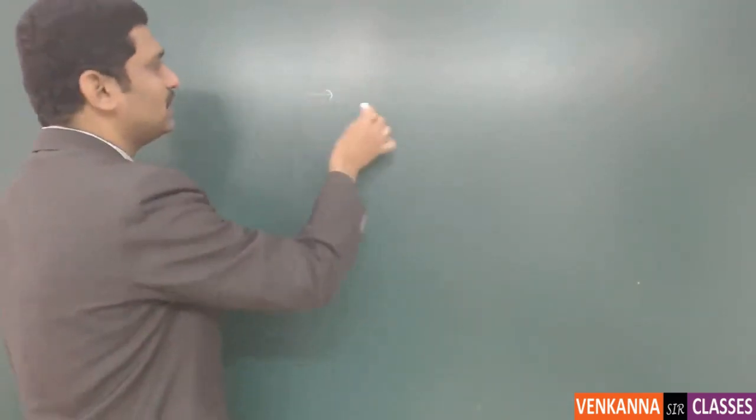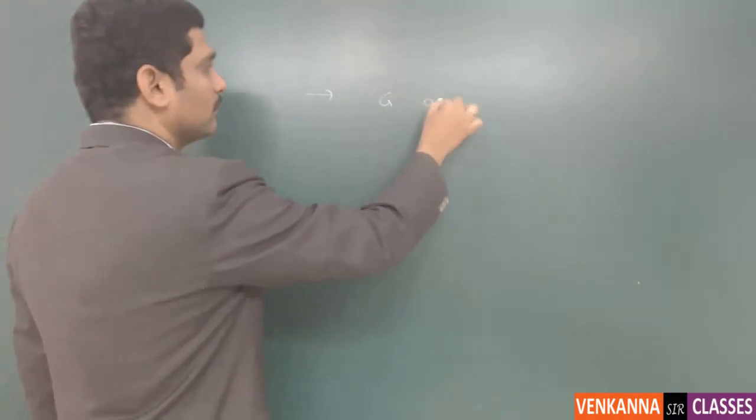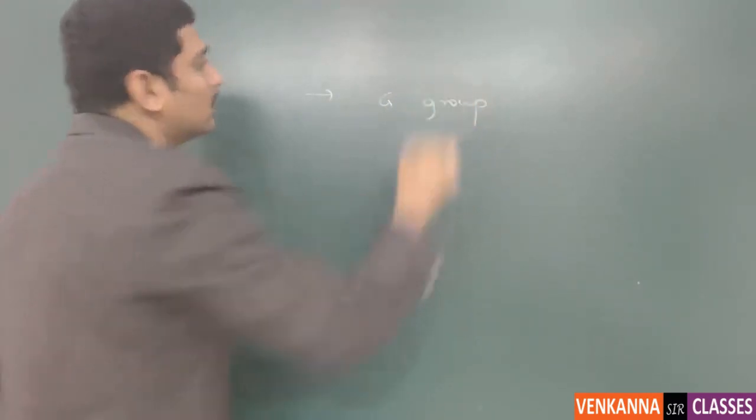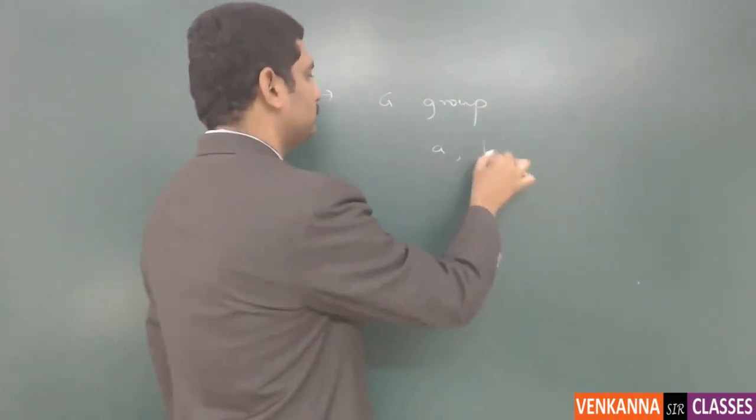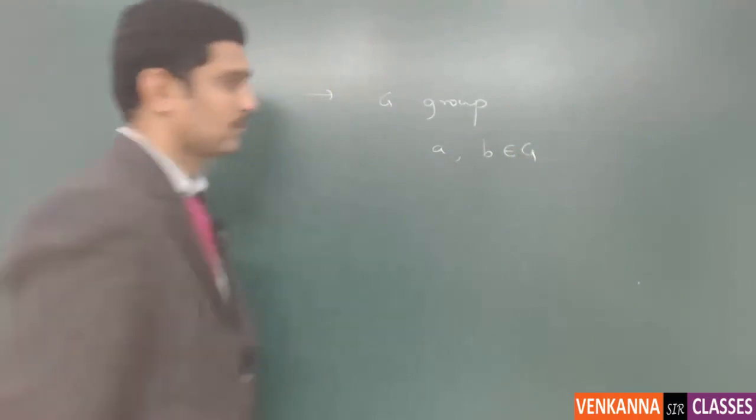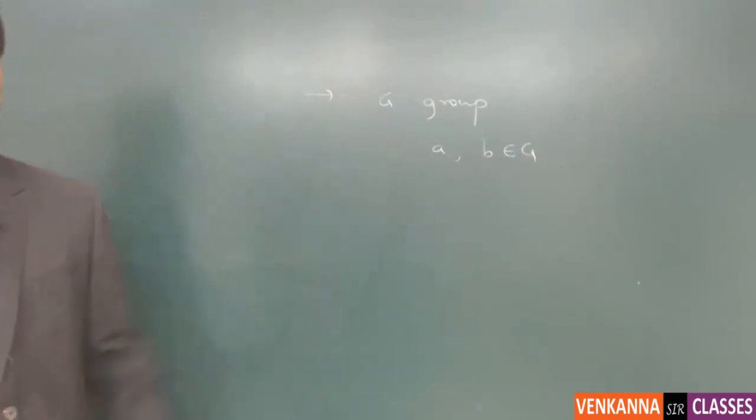So I will give one more observation. You take a group, and I have taken two elements in it. Both have different orders, m and n.